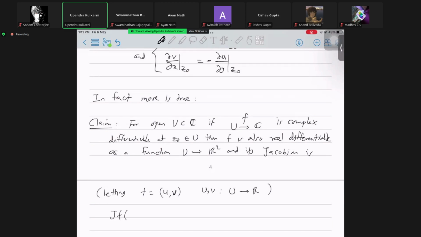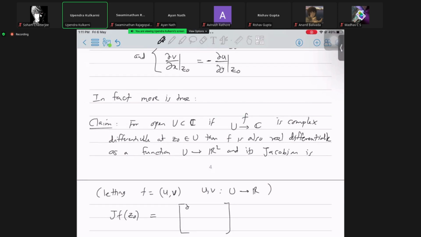Jacobian of f at z naught. So we can just write this, no? So you see, this is going to be what? u_x, the del u by del x, then del v by del x. That is going to be the first column, right?